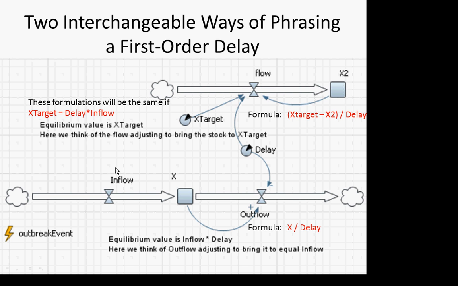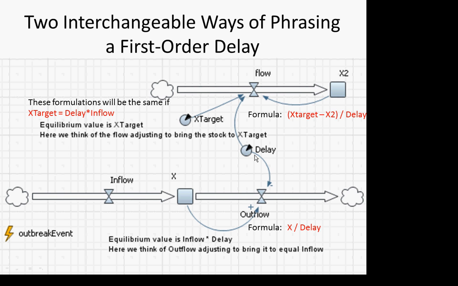If you plugged in X target as delay times inflow here, you just divide by delay. What you have is inflow minus x2 divided by delay, which is exactly what you have here. Yes, the net flow. So anyway, these are two different ways to write a first order delay. Does that make sense to people?